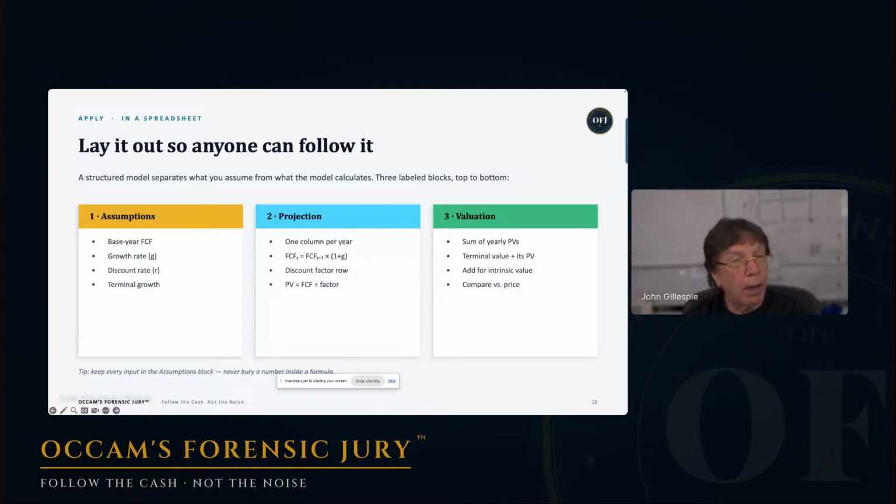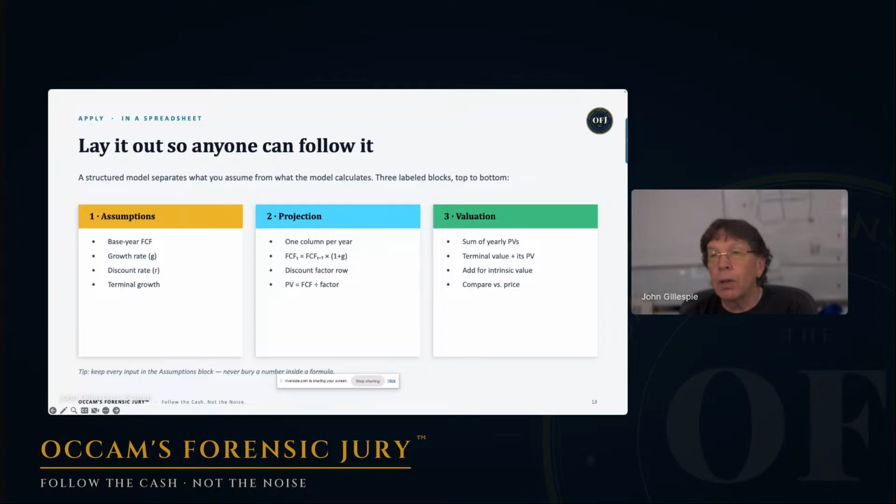So you start with your hypothesis, the base year free cash flow, the growth rate, the discount rate, and terminal growth. So here's your assumptions. And at some point, you'll end up putting some narratives around why you have growth at a certain amount and free cash flow at a certain amount. Then you have your projection.